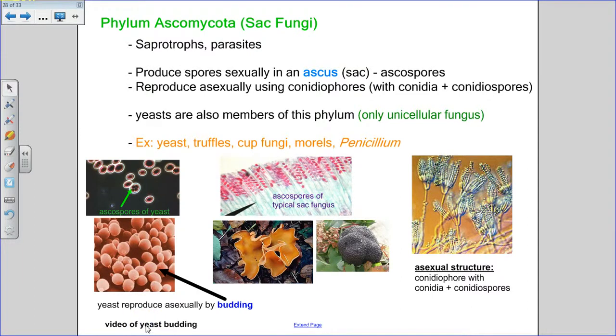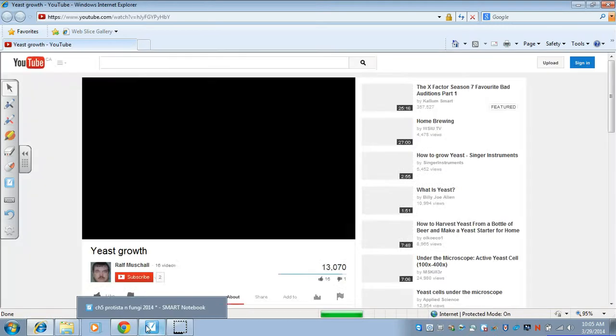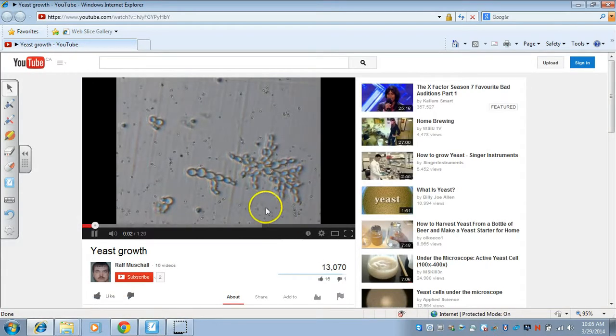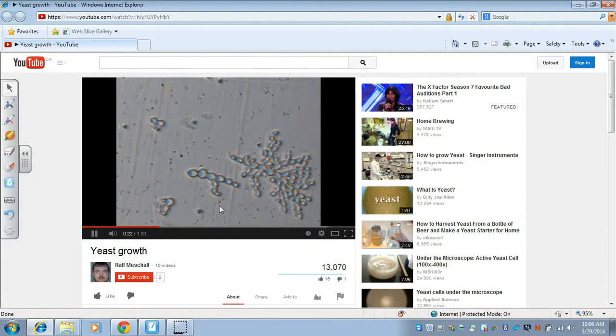So here's a little video. If you watch, this is a bud forming right here. It's really slow, but it was really small and then it got bigger. This one is forming a bud right here too. And it's going to speed up in a second once they give it some sugar solution.